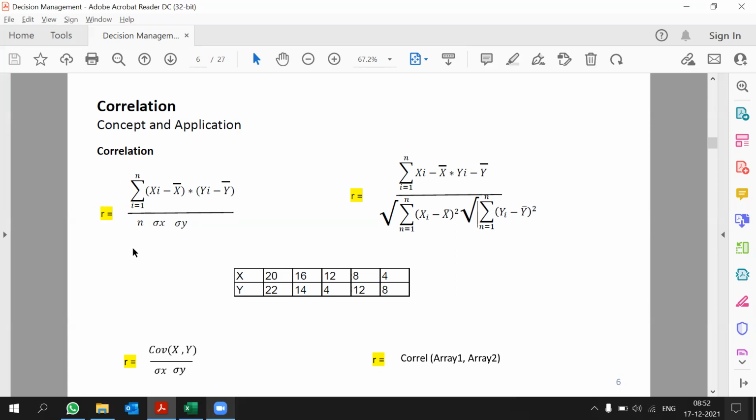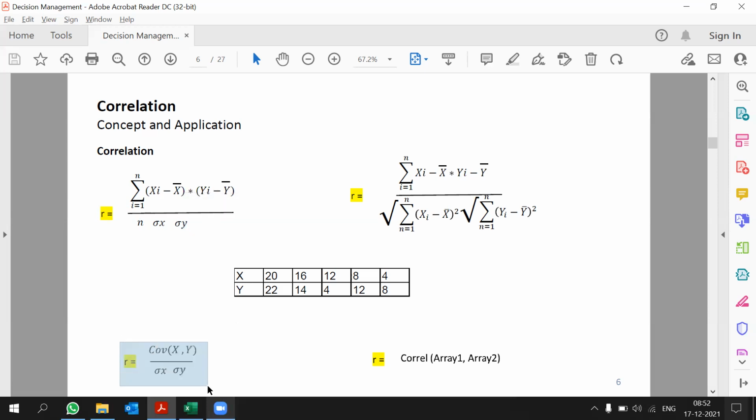Now, we are not going to remember this formula. This is not important for us. The important thing is, when you take this numerator part and divide it by n, that is the formula for covariance. That is another statistical measure. So if you take covariance and divide it by standard deviation x and standard deviation y, that would also give us the correlation.